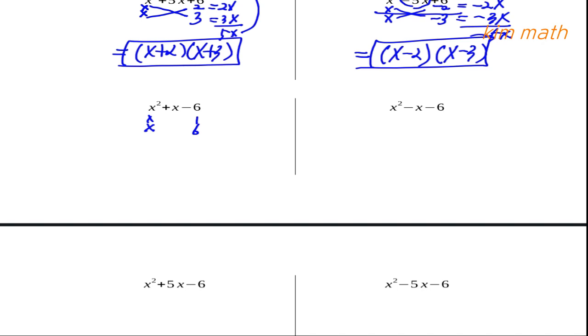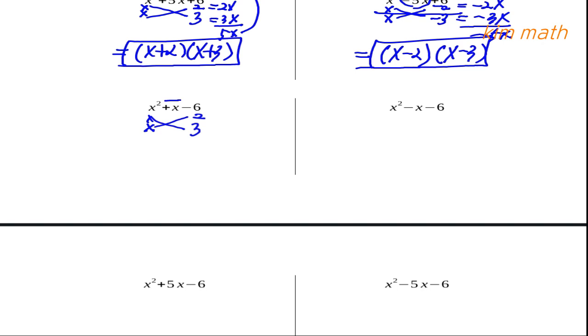At first, please think positive sign only, and think with 1 and 6, is it possible to make x, I mean the 1x, by adding or subtracting? No, this is not possible, right? So 1 and 6 is not a good choice. In that case, how about 2 and 3? So this is 2x, this is 3x. So it's time to think about the sign.